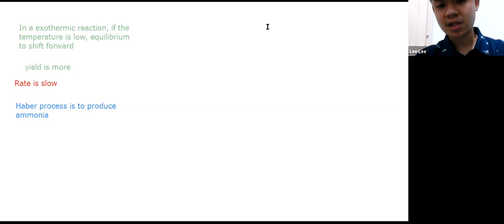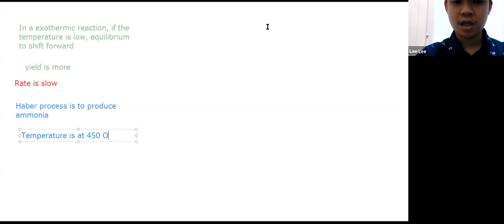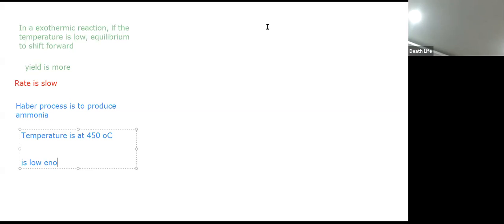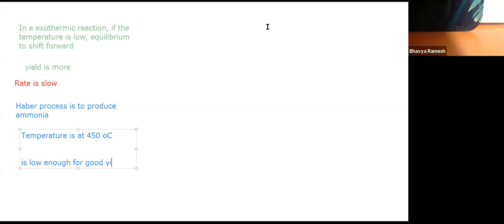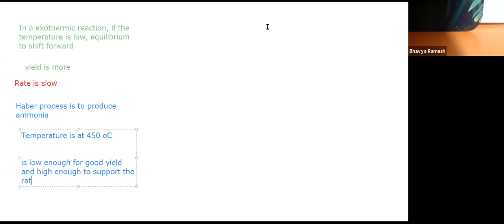So for the temperature, it is 450 degrees Celsius. If you're asked for the reason why, it is because this temperature is low enough for good yield and high enough to support the rate of reaction.